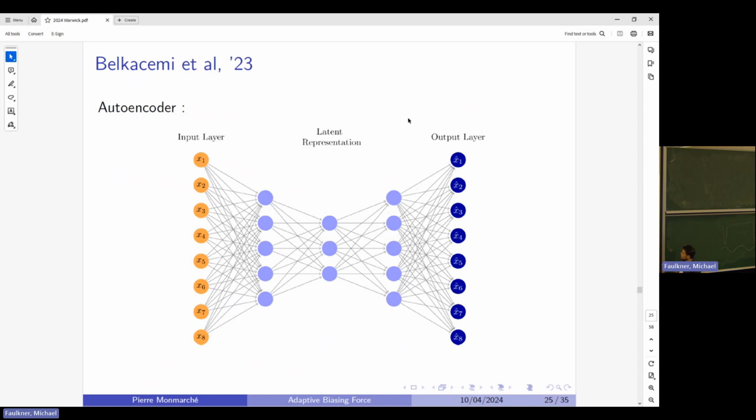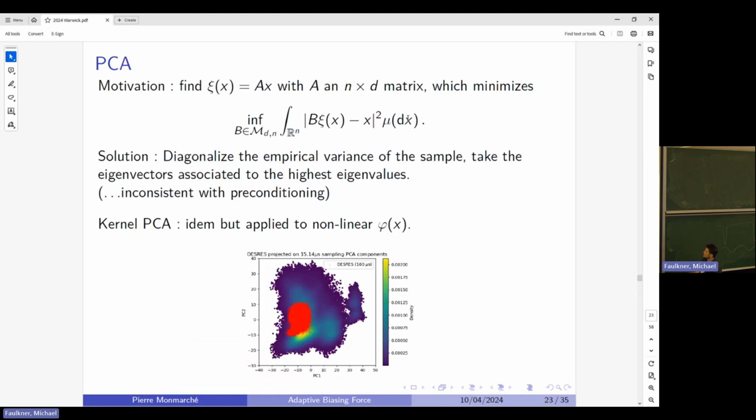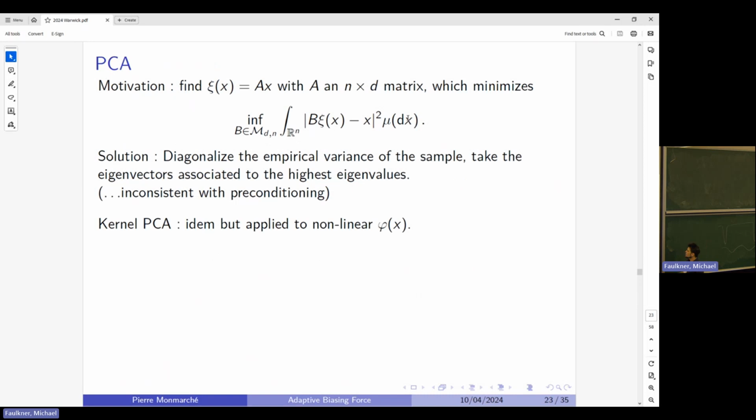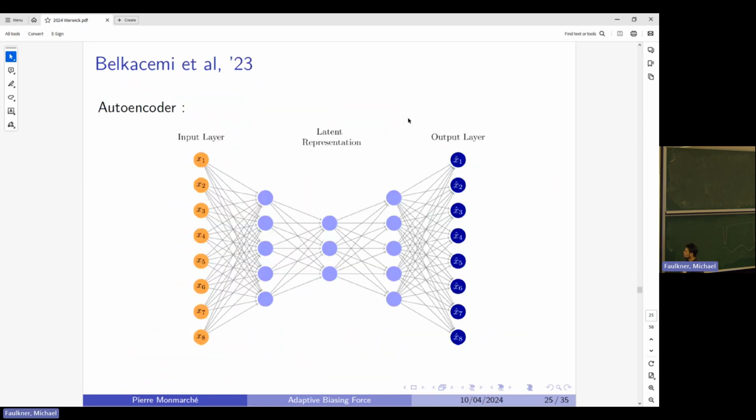And you do a neural network where the last layer has the same dimension as the input, but there is a hidden layer which is much lower. And so again, this is exactly trying to solve this reconstruction problem, but instead of having linear functions, you have functions which are parameterized by some multi-layer perceptron.